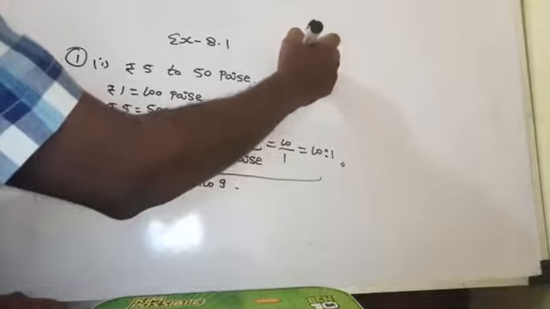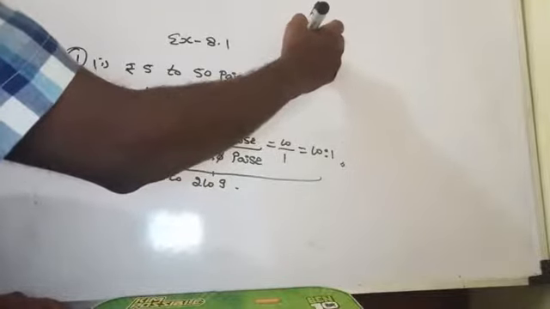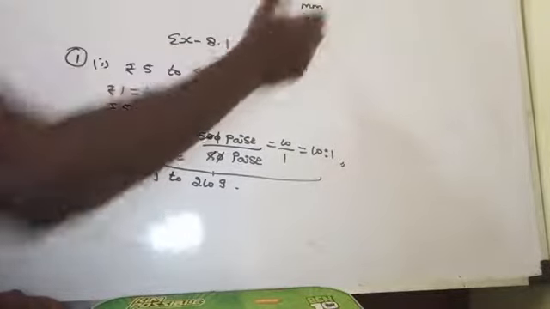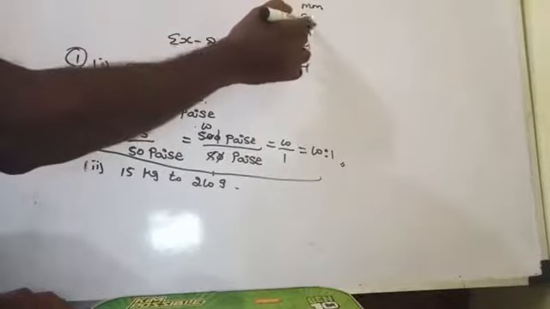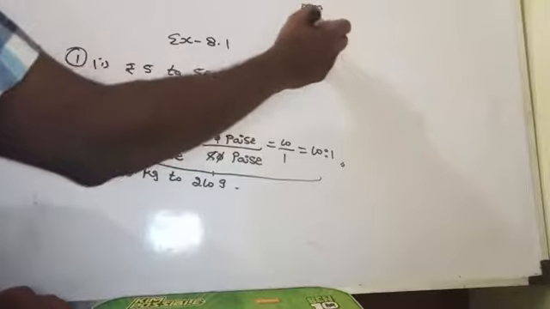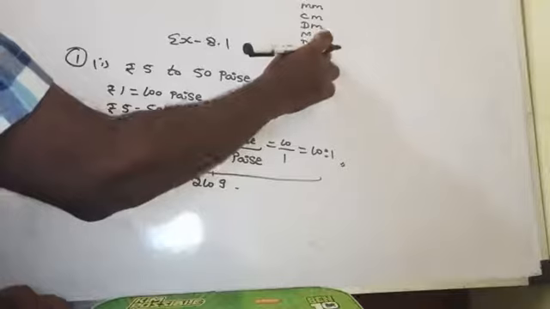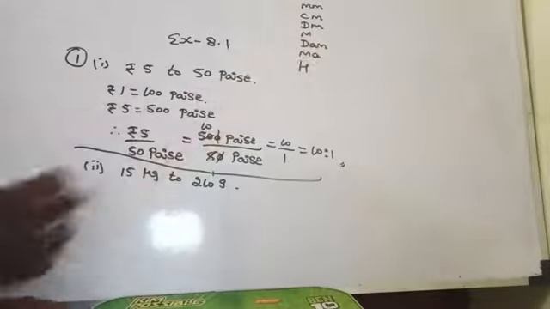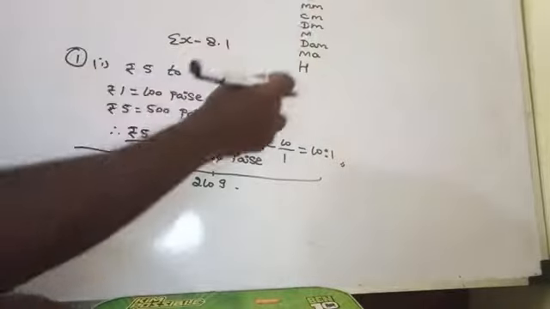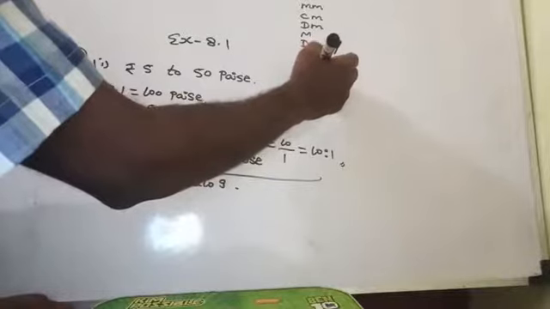King Henry died, mother didn't cry much more. That is millimeter, centimeter, decimeter, meter, decameter, hectometer, then kilometer.